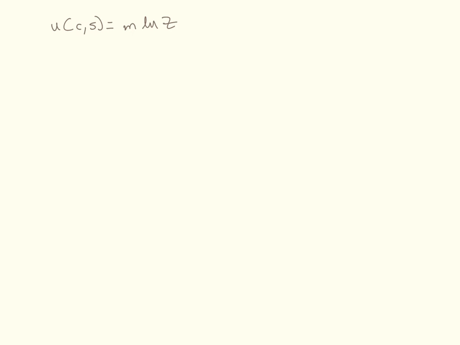And typically we'll assume that M is less than 1. Think about the implications of that going forward. The other part of our preferences, of course, are not just schooling, they're also consumption, and we'll say that the parent puts some weight Q on their current consumption, and they get utility from that of a log form, log C.